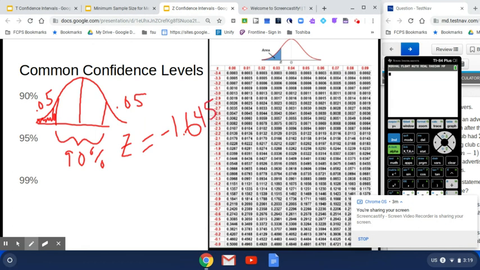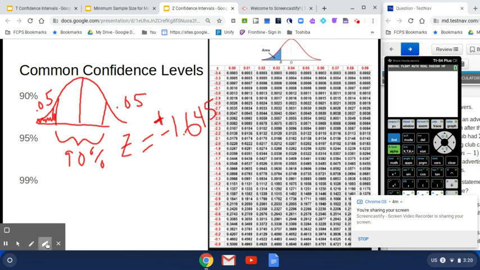This is the line that's on the left side. Since I also have a line on the right side, that would be a positive 1.645. So my critical values are positive or negative 1.645. That is going to be true anytime you calculate a 90% confidence interval.